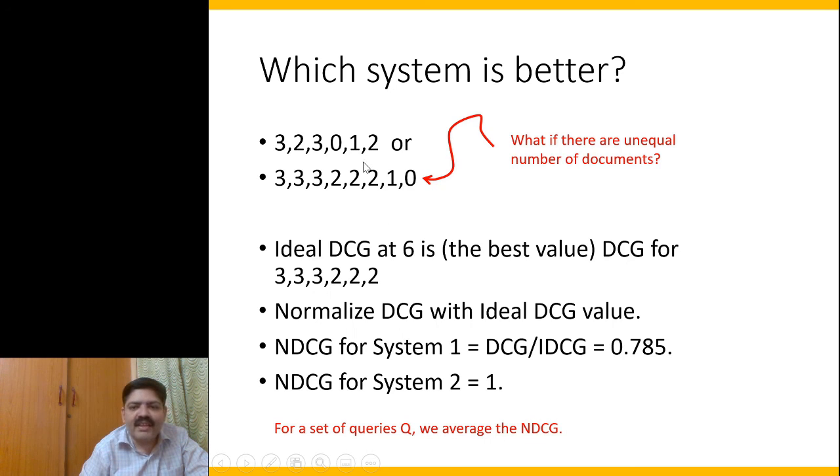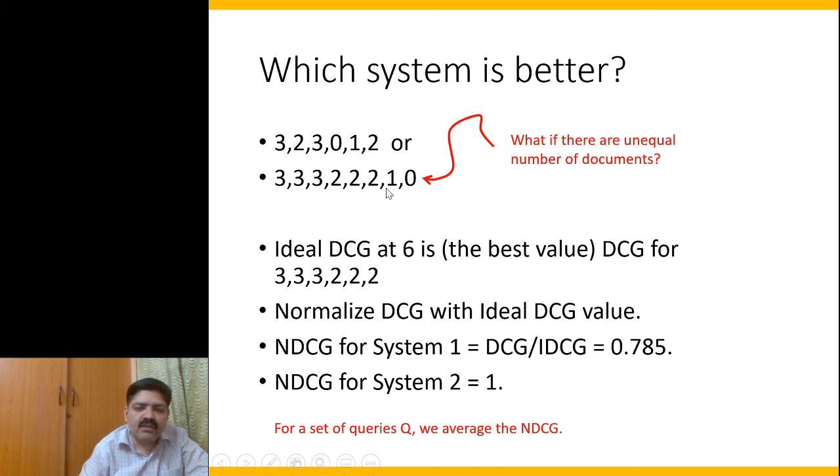So what if there are unequal numbers of documents? One way to look at this is to look at ideal DCG at 6, which is the best possible value that I can get if I were to cut off at 6, and then normalize both these values. So ideal DCG at 6 is the best DCG across all the systems that I have.